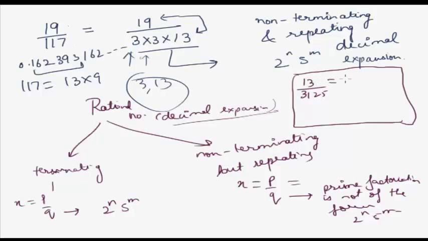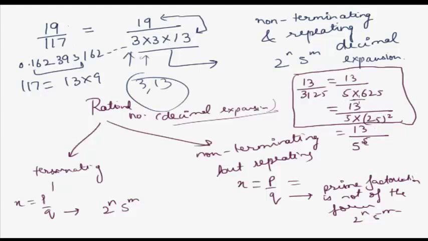Clearly 13 is a prime and 3125 can be expressed as 5 raised to power 5, that is, 13 over 5 raised to power 5.